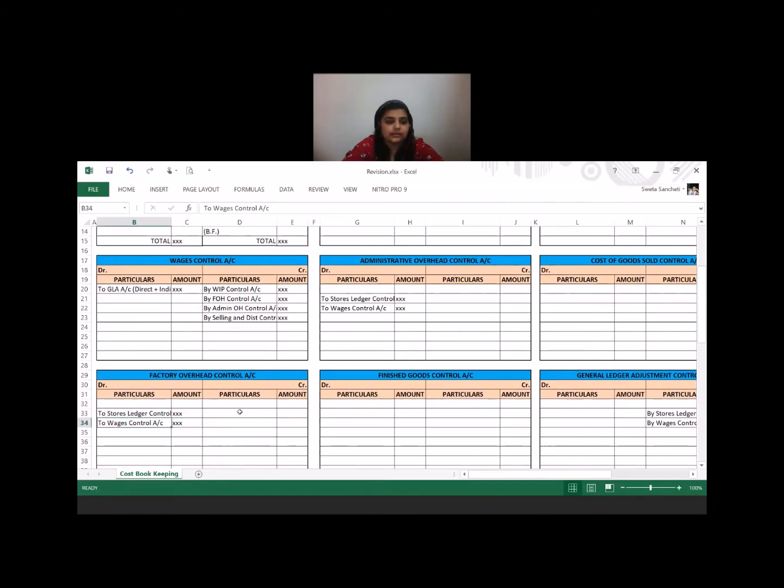Factory overheads. Now talking about factory overheads, I have got the indirect material. I have got an entry from indirect labor. Now there might be some expenses which is not related to material as well as labor. That expense means the cash has gone out of my pocket, right?